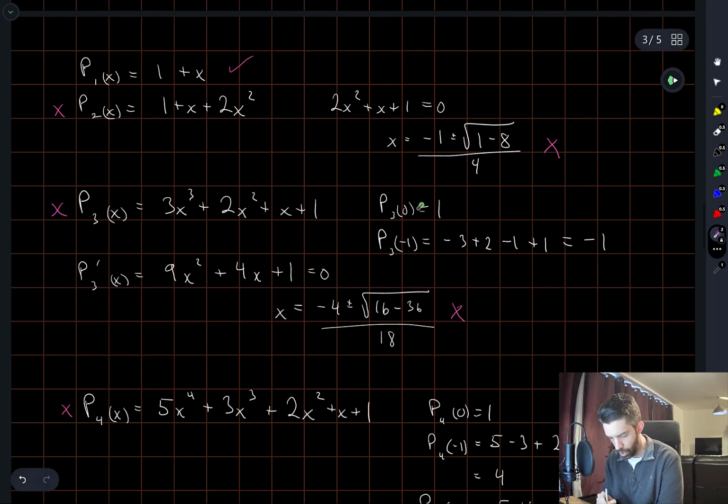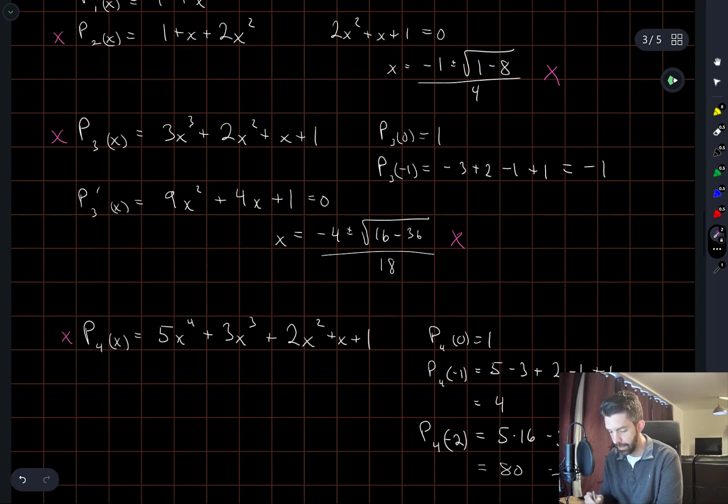As I said earlier, all of these polynomials, when you evaluate them at 0, you get 1. And then when I evaluate at -1, basically the first possible integer solution, we get a sign change immediately. So as we take one step to the left of the origin, the sign of this function changes.